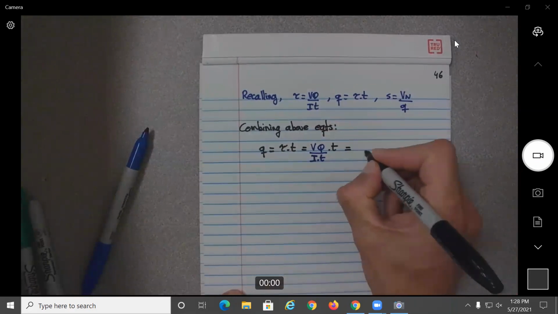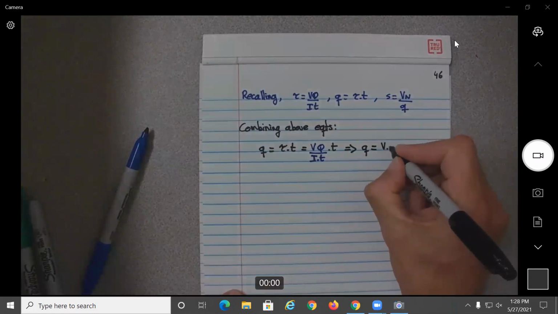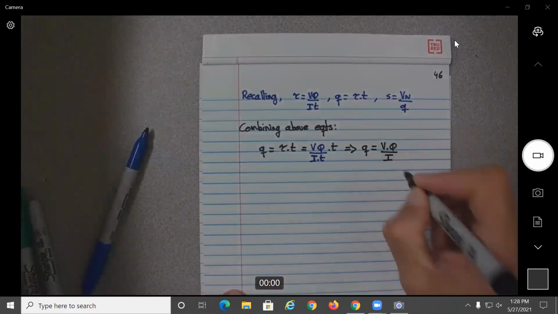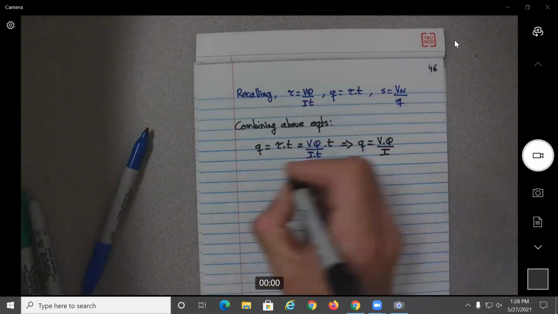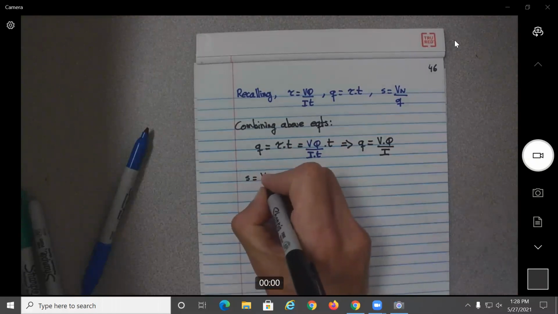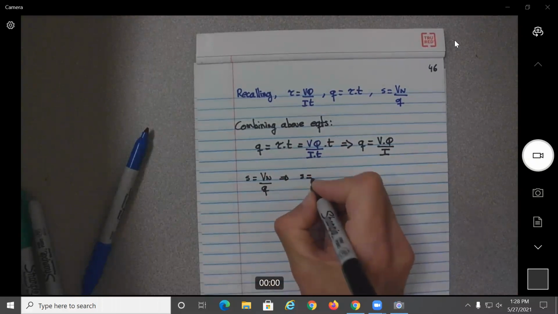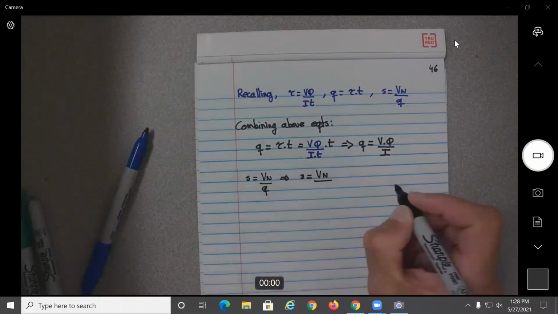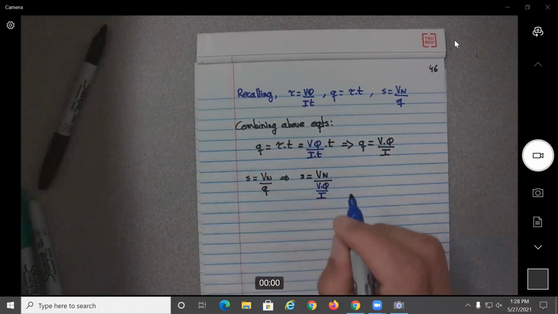So this will give us that q is equal to V times Q over I. Okay, next we have the equation S equal V nail over q, which will give you that S equal to V nail divided by V times Q divided by I.